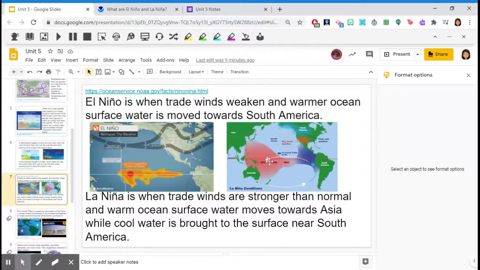And again, whatever temperature the ocean is, whether it's warm or cold, that affects the air over it and affects the pattern. So when that cold water comes up, it also affects the jet stream and affects the weather we experience here in North America. So that's what you need to know about El Nino and La Nina.